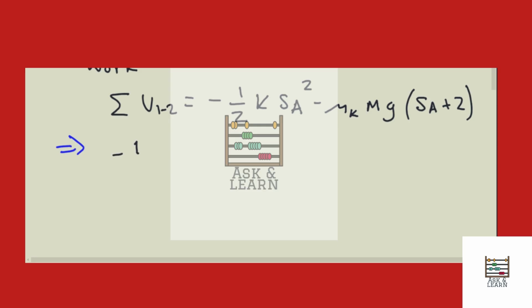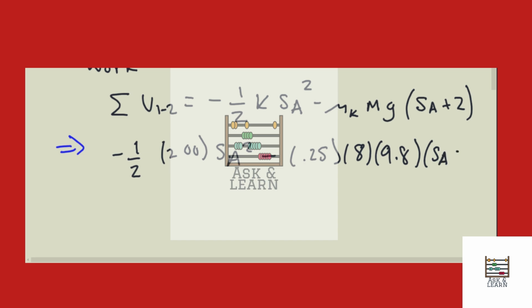So you have minus 1/2 K, which is 200, times SA squared, minus 0.25 times the mass times the gravity times SA plus 2.